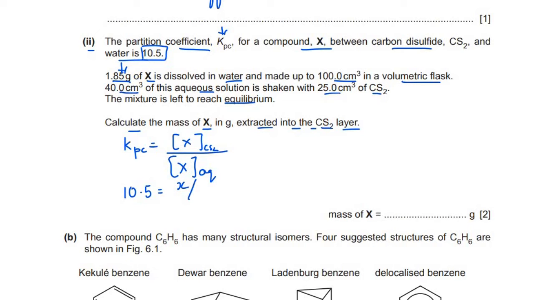Now that has to be divided by the volume of the carbon disulfide, that is 25 centimeter cube. Now understand, I'm not changing centimeter cube into dm cube because the same volume is used in the denominator also. So even if I add 10 power minus 3 here and 10 power minus 3 there, that gets cancelled off, so it's not required. Even if you do it, that doesn't make any difference, you can go ahead and do it.